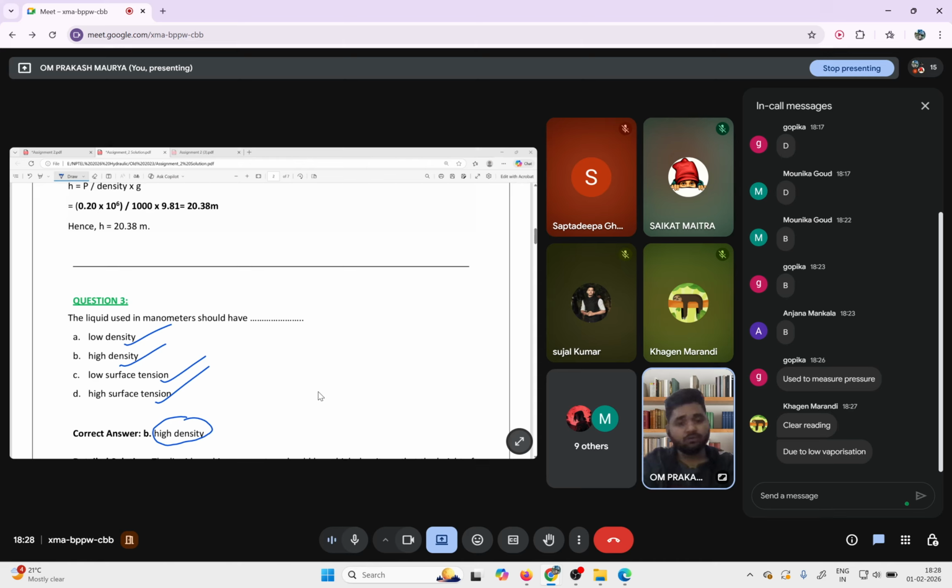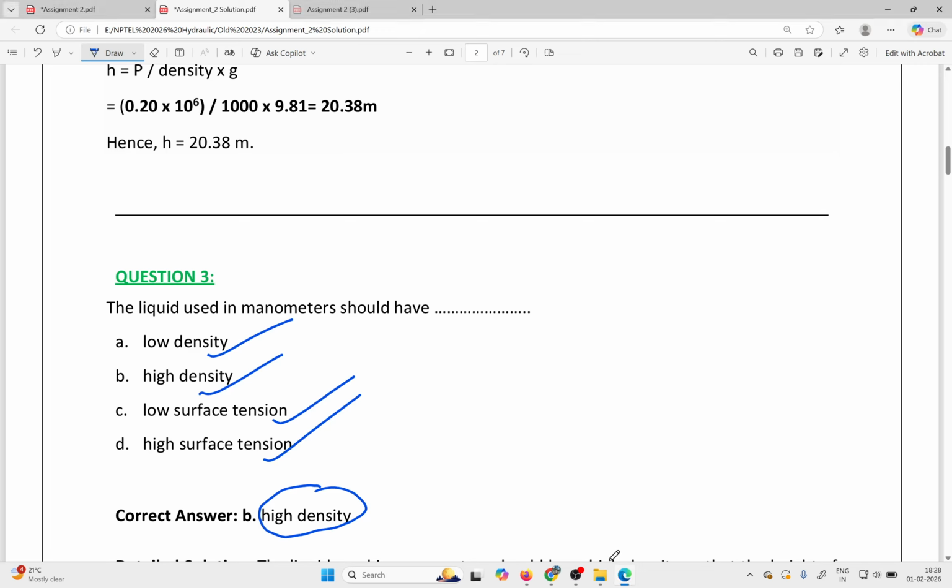Why high density? Generally we use mercury as the high density liquid. Let me just use the pen, then you will understand very easily.